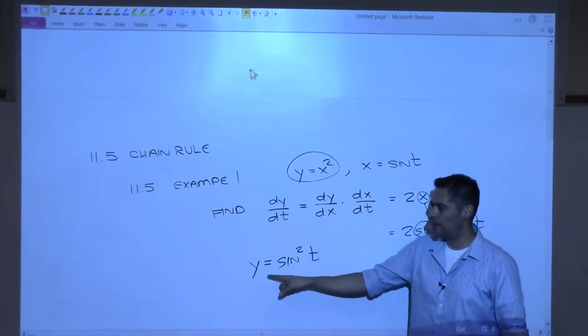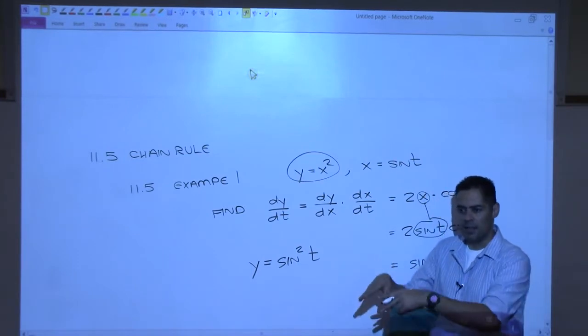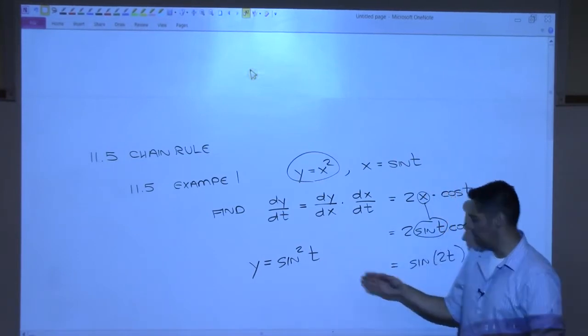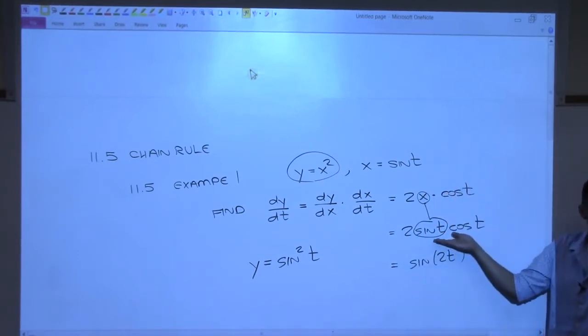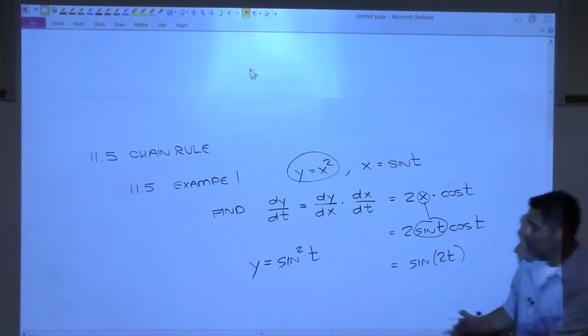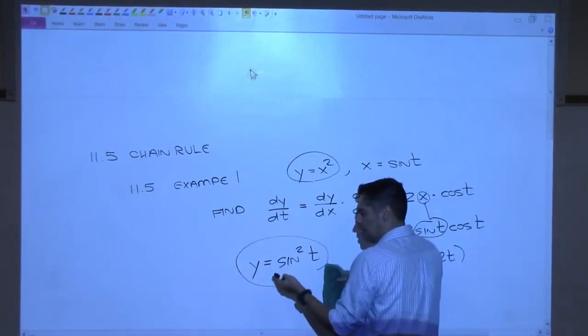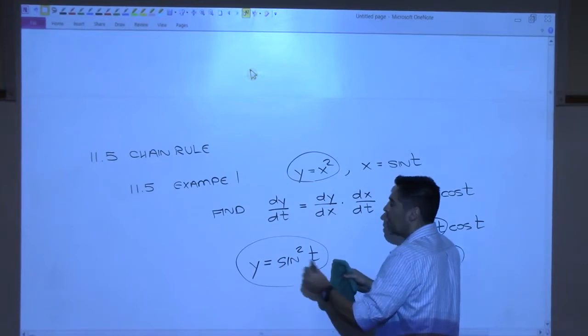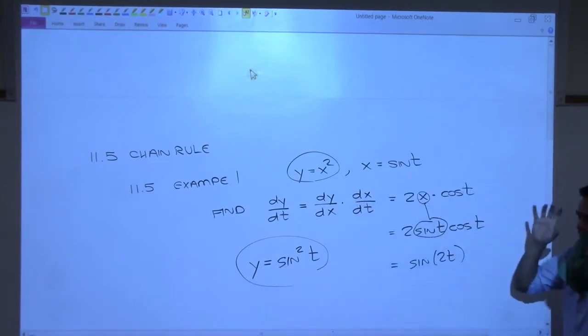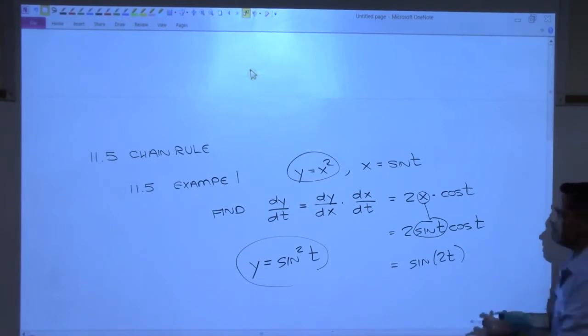So the 2 would come out, be 2 sine t, then times the derivative of sine t, which would be cosine t, which is this answer right here, right? So that's what we did when we do this in Cal 1, this is chain rule, right? But now we're kind of looking at it from a different perspective, and you'll see why in just a moment. Okay, you just have to hang tight for a second.